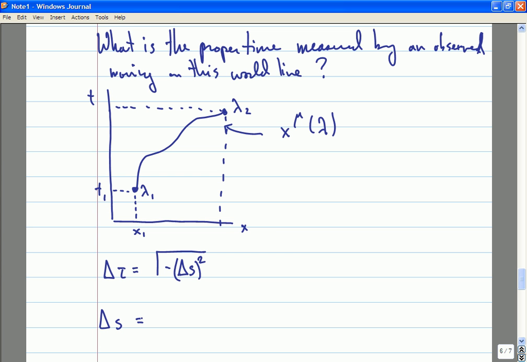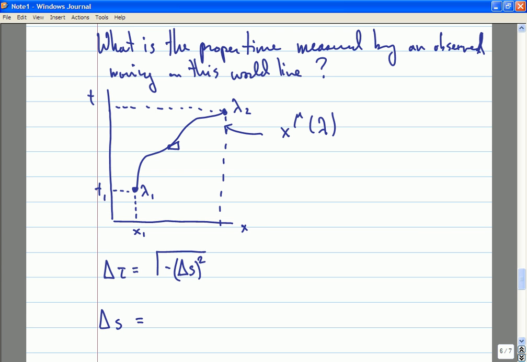So how do we compute this interval? Well, what we imagine doing is chopping up this world line into a lot of little different bits. We imagine that we're looking at a particular point along this world line, and although the observer is not moving at constant velocity, if we restrict our attention to a very small neighborhood of this point, then you can treat this observer as moving at constant velocity.